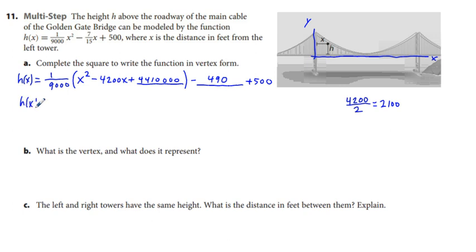H of x equals 1/9,000. And we're going to put in our perfect square, x plus, actually minus 2,100 squared, and on the outside, we have minus 490 plus 500, so we have plus 10.